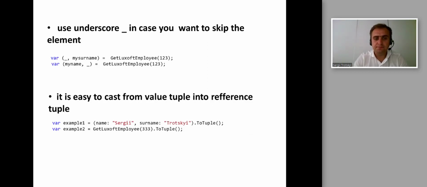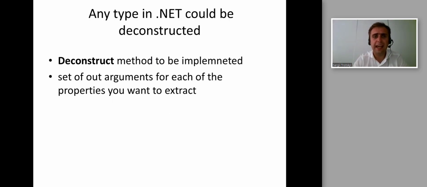And it is very easy to cast from the value tuple struct to the reference tuple object, and vice versa, because they have these transformation methods. Any type in .NET could be deconstructed. In order for the type to be deconstructed, you need to define a method called Deconstruct.